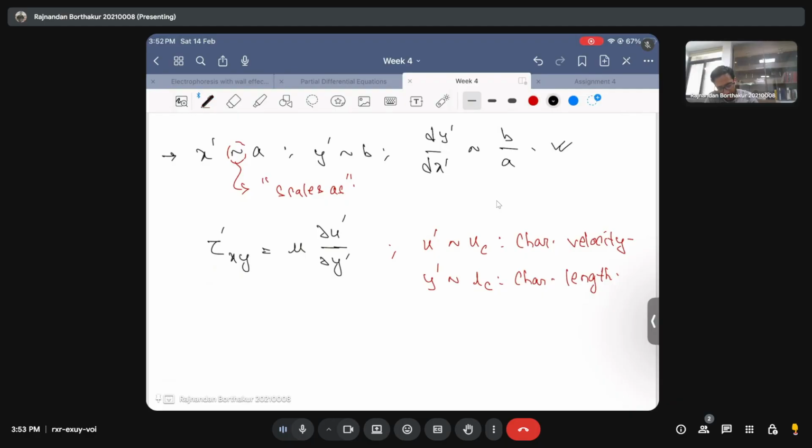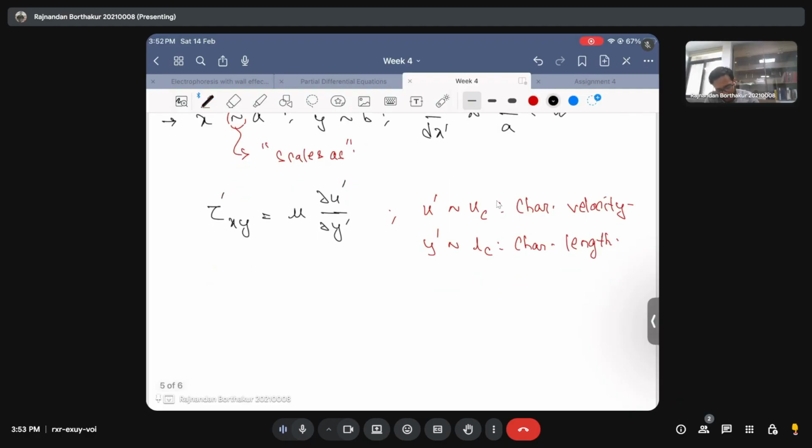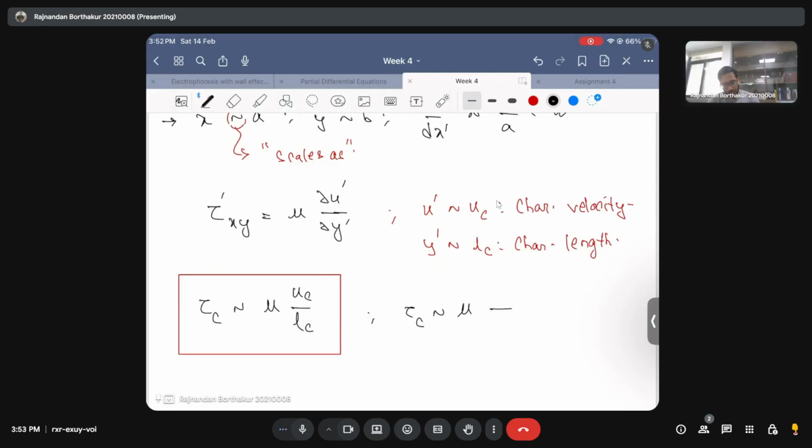And then I can have a characteristic variable for stress, which we will call tau c. This will basically scale as mu times uc by lc. So this is typically the scale for stress. For example, if we look into the Hagen-Poiseuille problem, my tau c is going to be mu times u max by r.